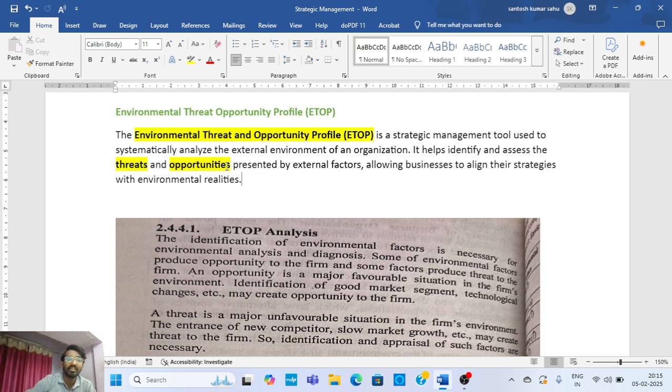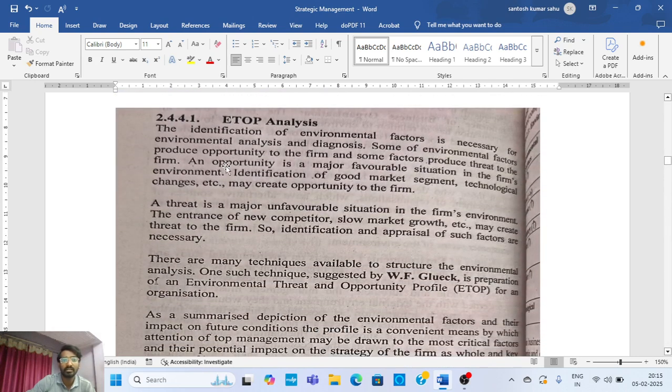Now moving to the next part, let's discuss the ETOP analysis. The identification of environmental factors is necessary for environmental analysis and diagnosis. Some environmental factors produce opportunities for the firm, and some produce threats, right?